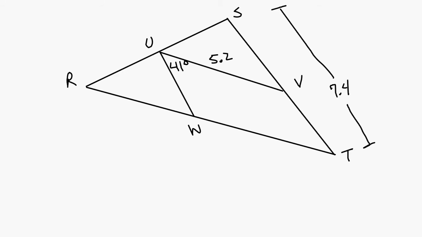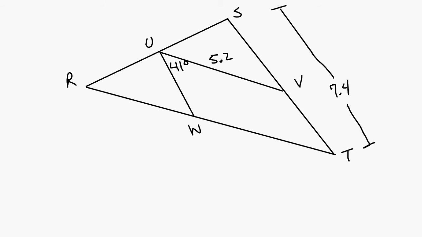Okay, and I'm not going to put all the tick marks in there because we already know that these are all midpoints. If you know they're all midpoints, then you know that UV is parallel to RT. So let's answer some questions here.